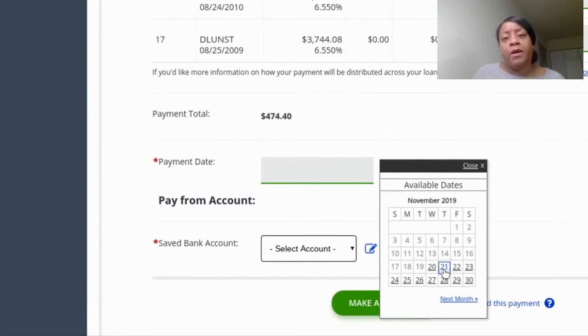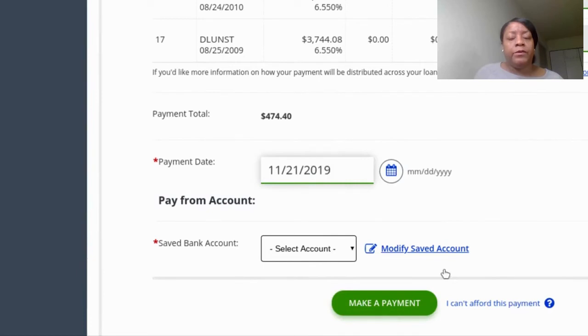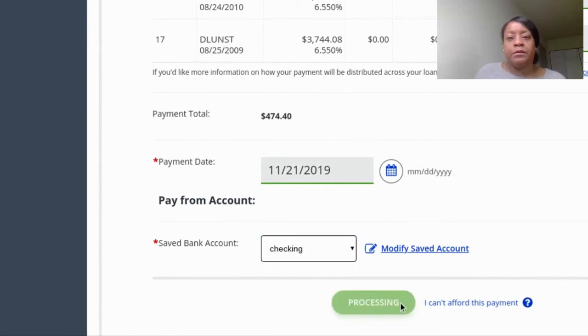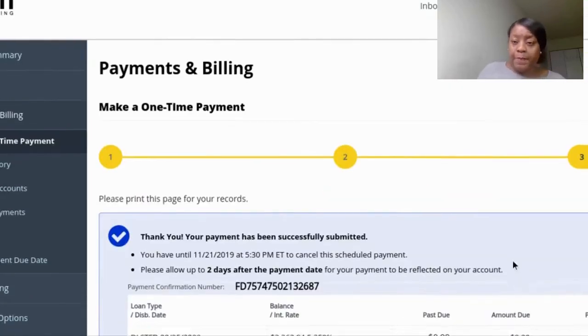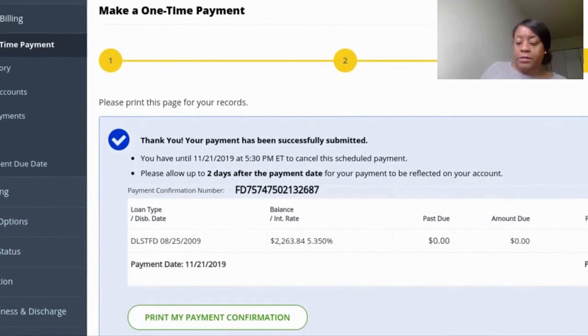So there's that. I'm going to change this one, and I'm going to put this one on the 21st. The reason I'm putting it one day after the other one is so that when it hits, my bank doesn't do anything screwy with it or mess anything up. Okay, and it is done.